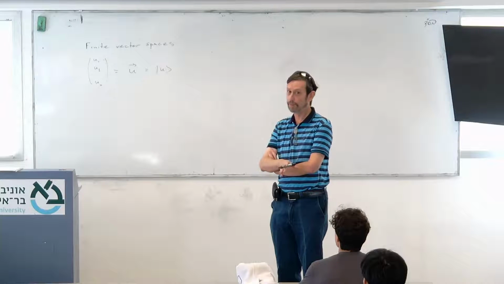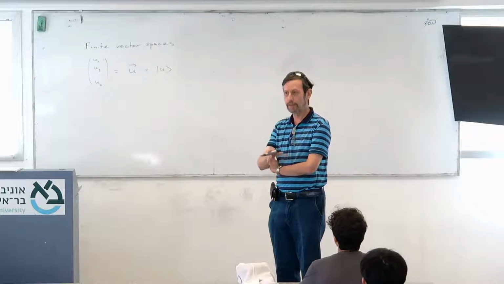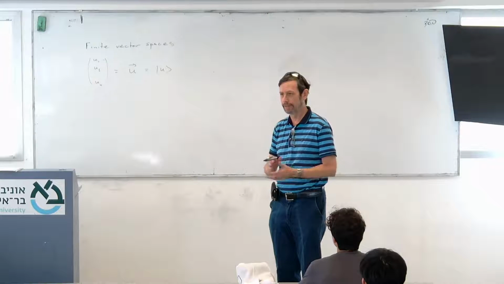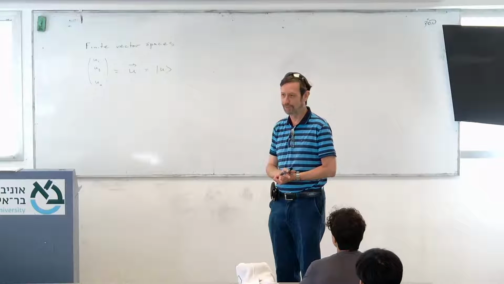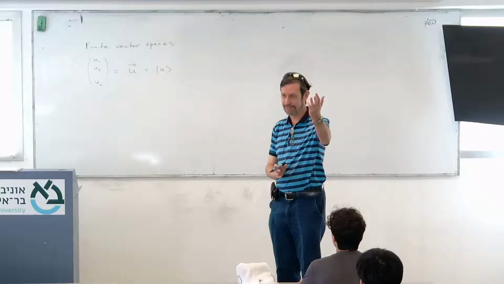Something that you're very familiar with in daily life. When you're writing down a point in real space, how many numbers do you use? Dimensions? Dimension 3.